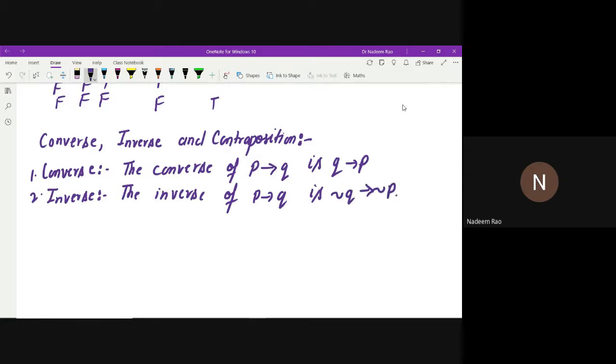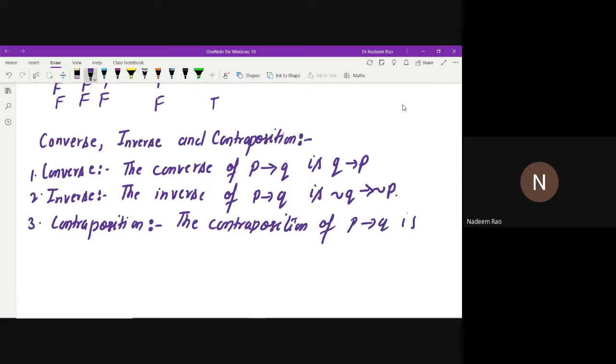Okay. Third one, contraposition. The contraposition of P implies Q is negation of Q implies negation of P. And there is a mistake if we talk about the inverse.